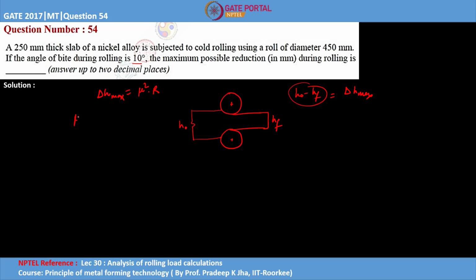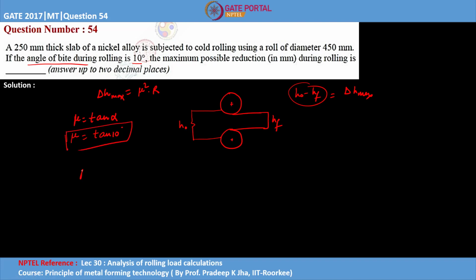And the value of mu is given by mu equals tan alpha, and alpha is our angle of bite, right? So the angle with which this slab is entering inside your roll, the angle of bite. So the angle of bite is 10 degree. If you put the value of alpha, then it will give you the value of mu, which is tan of 10 degree, right? So the value of mu is tan 10 degree.